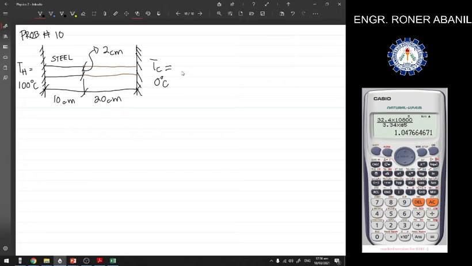So, gagamit tayo dito ng subscript na S para sa steel. And CU naman para sa ating copper. CU ang gamitin natin para mas maganda.